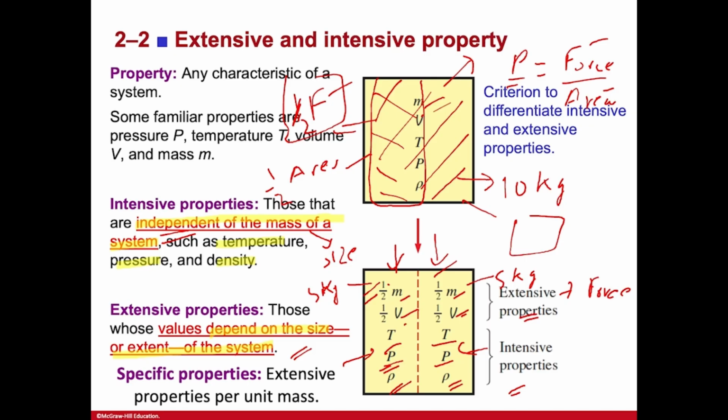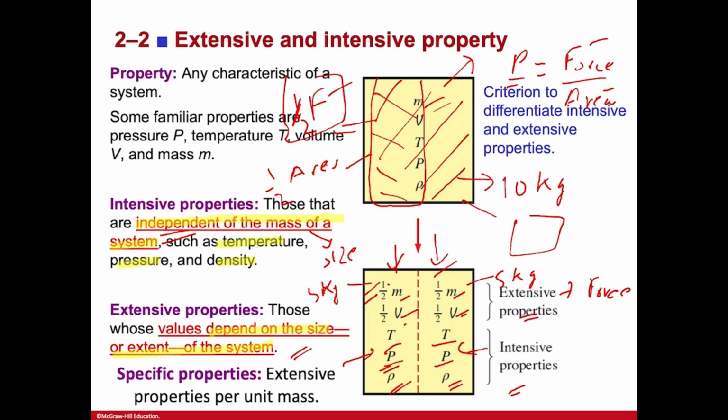When it comes to extensive and intensive properties, the best way that I suggest students decide if a quantity is extensive or intensive is to think in your head: if I assign a value to a system for that property, say density or velocity, and then I divide that system in half or make it twice bigger, will that value change or be the same?